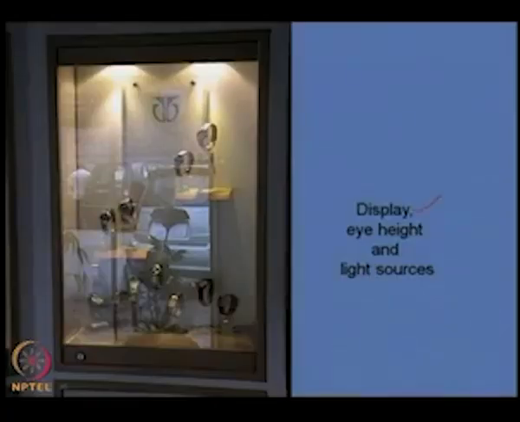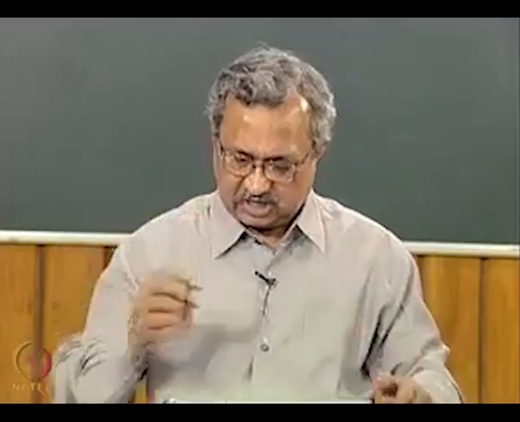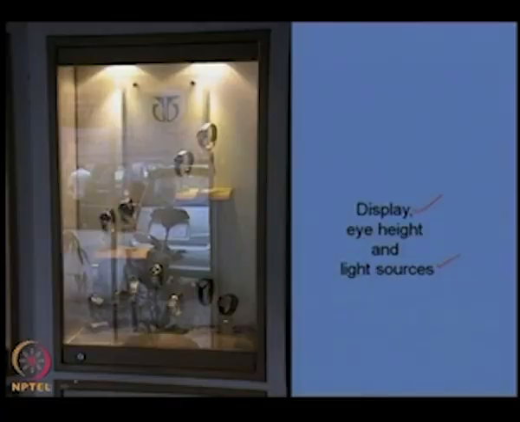Now, we will see some aspects of display: the eye height in a standing or sitting position, and the varieties of light sources that affect our vision. Obviously, if vision is good, then our performance will also be improved.